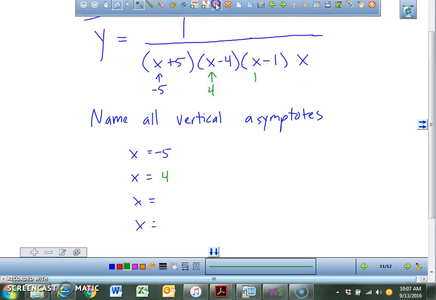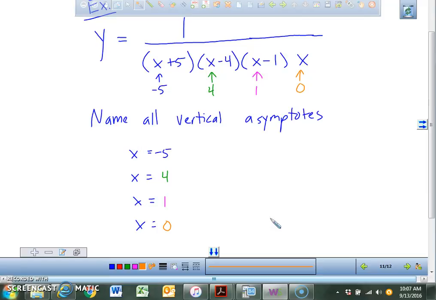I'll change colors. 1. Right there. And last but not least, what number could you plug in there that if it multiplied to everything would make it equal to 0? 0. So we would have 1, 2, 3, 4 vertical asymptotes in this graph.